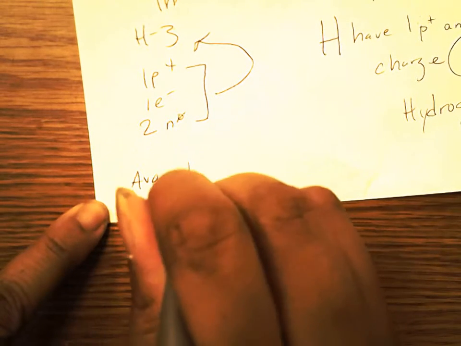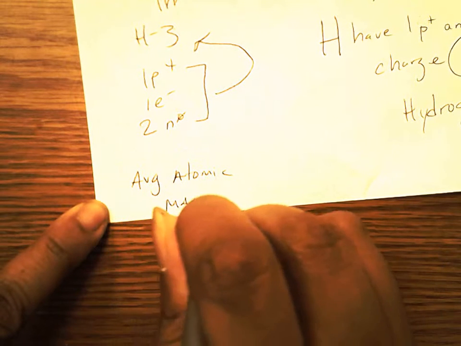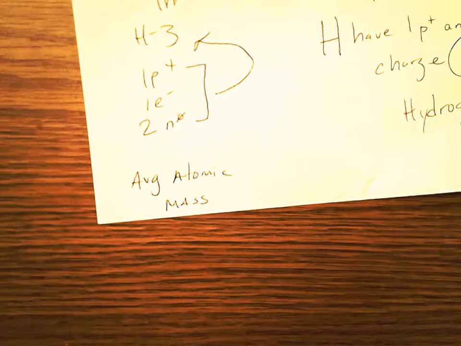Average atomic mass, I will write the formula into the problem for you. But this is the average mass of all the different types of isotopes you have.